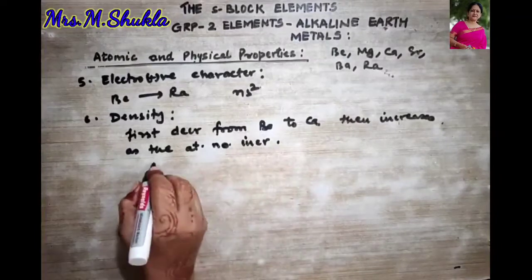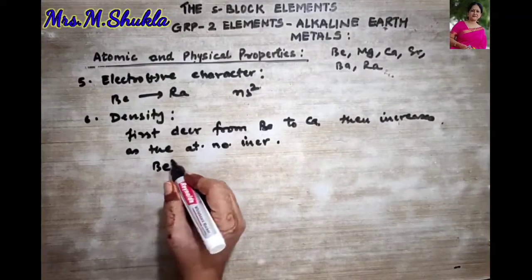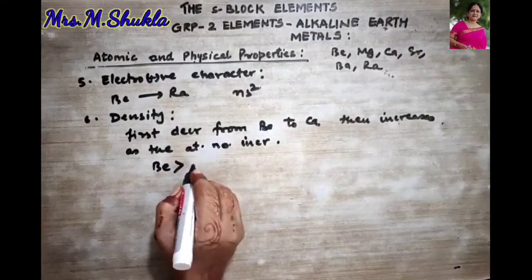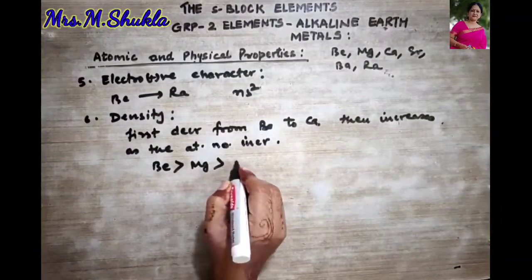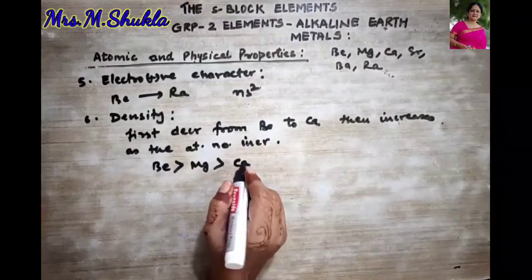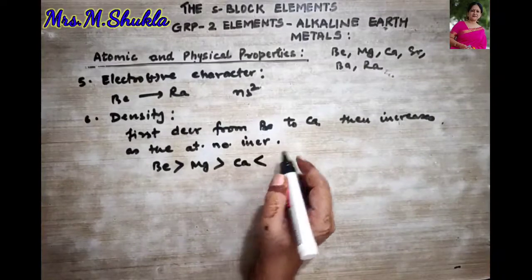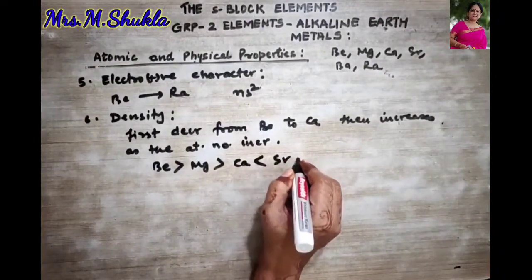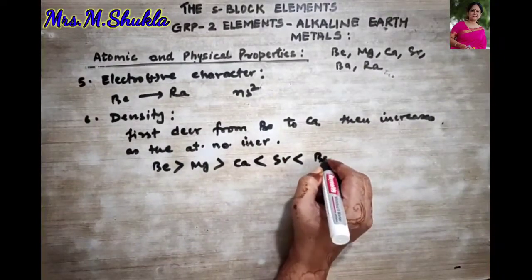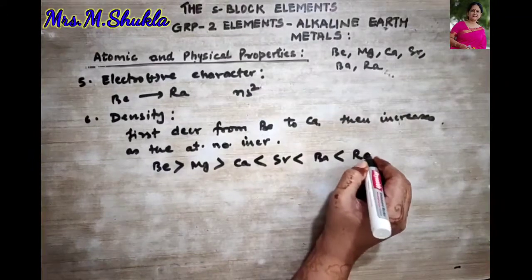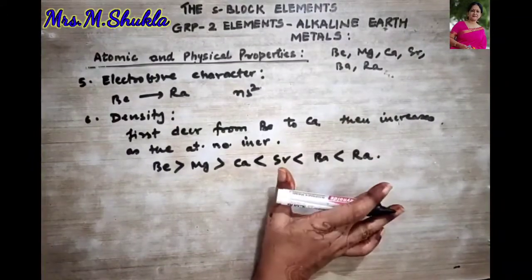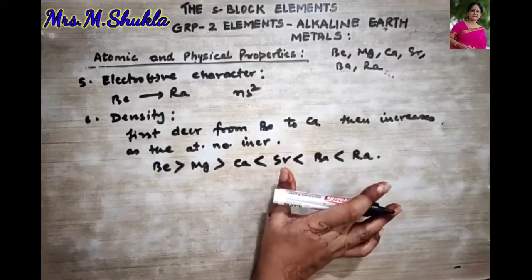Clear? So we can see over here beryllium has more density than magnesium, than calcium, but over here calcium will have less than strontium, less than radium. Clear?